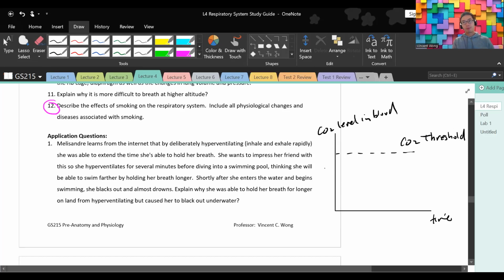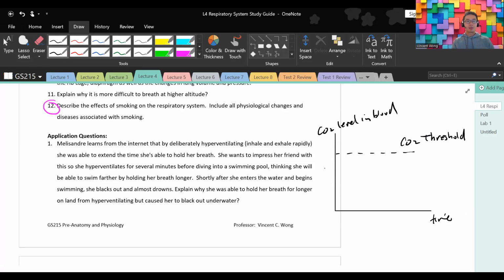If you're not breathing, then the carbon dioxide level in your body starts to go up. The reason it does that is because you're performing cellular respiration: glucose plus oxygen produces carbon dioxide and water. So if you're not breathing out, all that carbon dioxide that you're making will just stay in the blood and have nowhere to go.